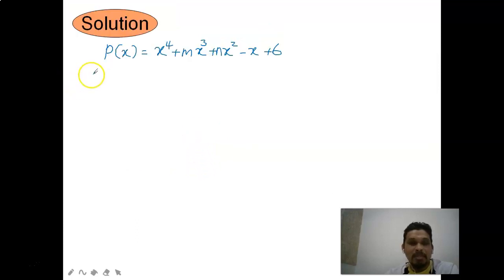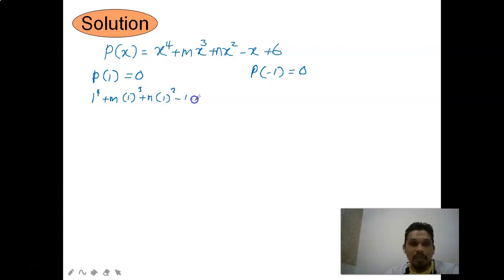So it means that here P(1) equals 0 and also P(negative 1) equals 0. Okay, so then substitute x equal to 1. 1 to the power of 4 plus m times 1 cubed plus n times 1 squared minus 1 plus 6 equals 0.